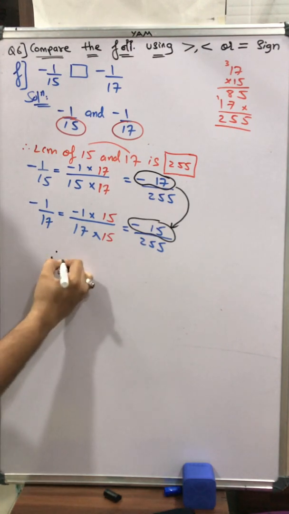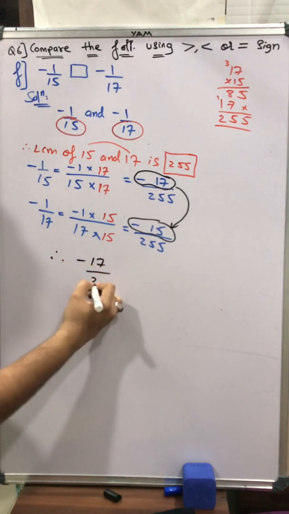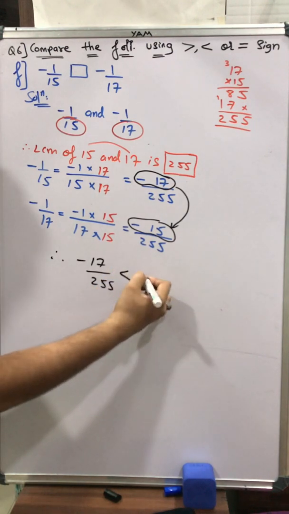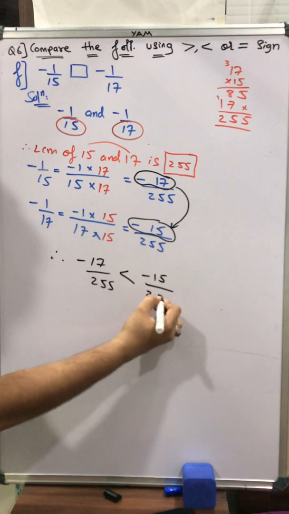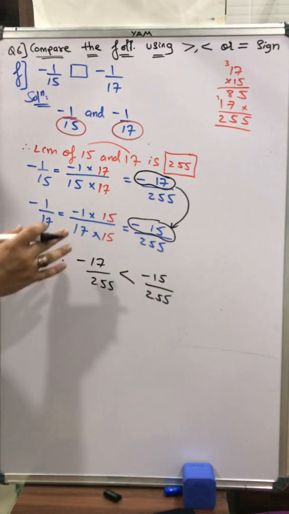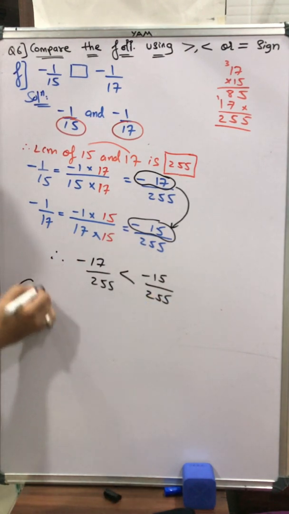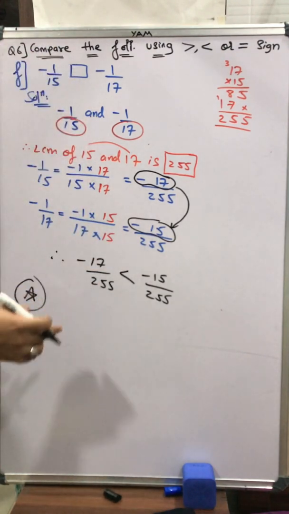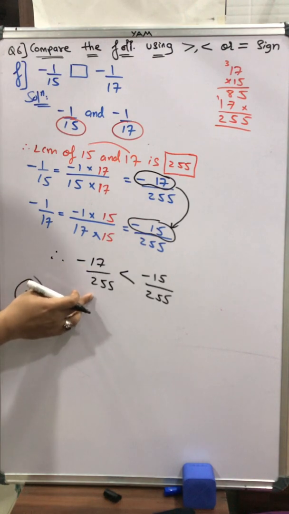So what I will write, therefore, minus 17 upon 255 is less than minus 15 upon 255. But always, last time also I marked a star on the step: don't forget to write the final answer in the original format. From where did you get minus 17 upon 255?